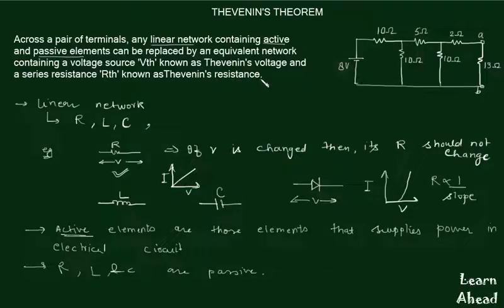So to illustrate this theorem, let's consider this circuit and the terminals be A and B. Then according to Thevenin's theorem, across these terminals, this whole network can be replaced by a voltage source and a resistor in series with the load. So this is RTH, this is VTH, and this is 13 ohm, that is this resistance.